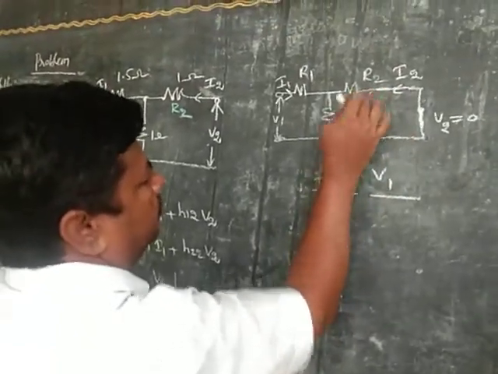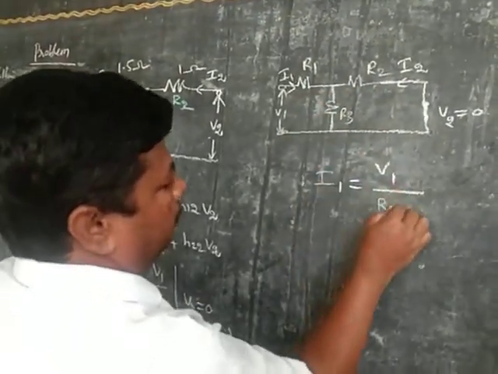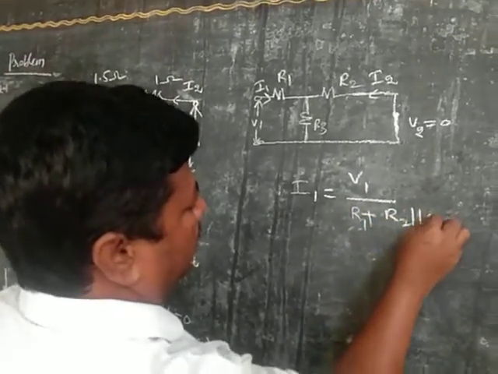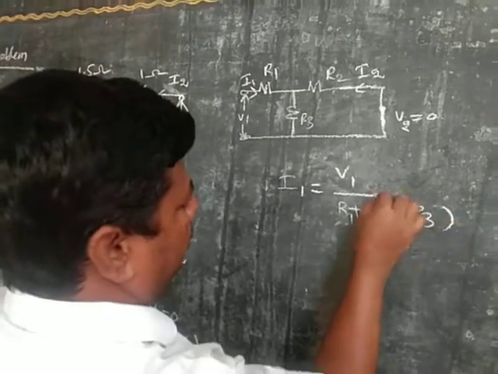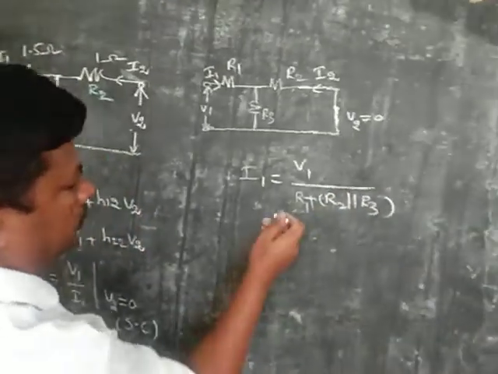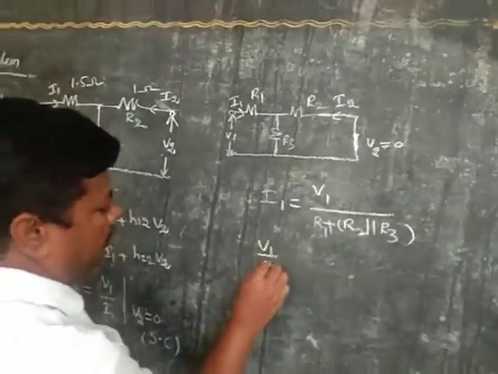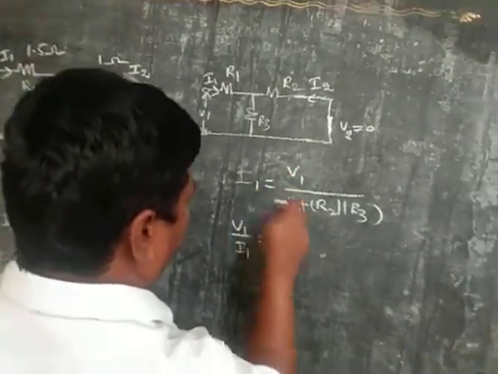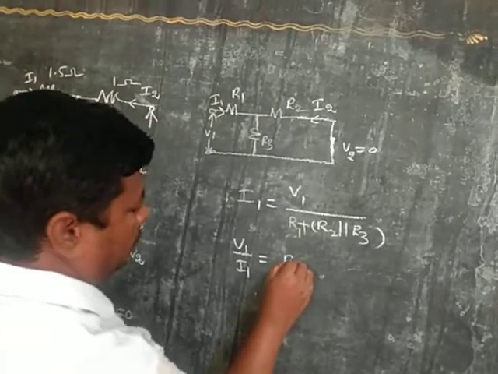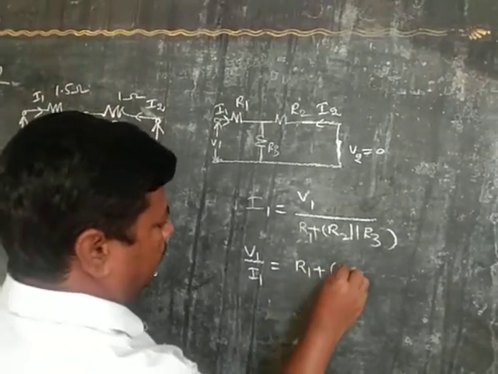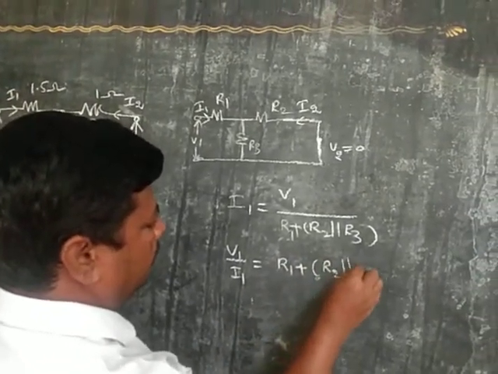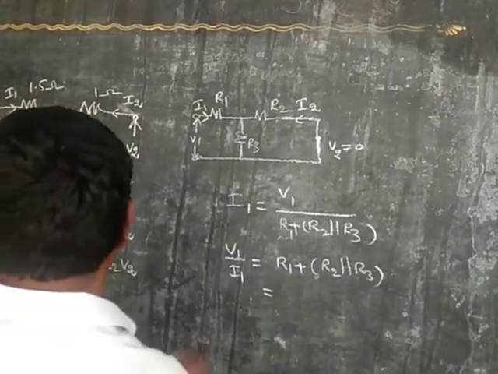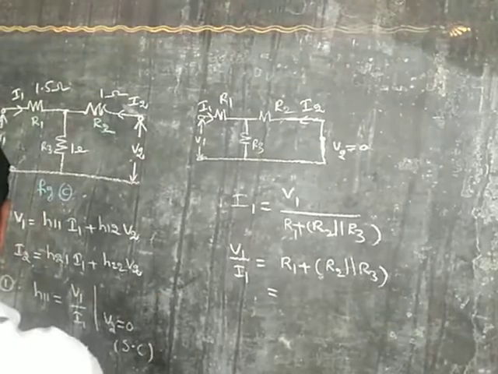It is a short circuit parallel, R1 plus R2 parallel to R3. V1 by I1 is equal to R1 plus parallel combination of R2 and R3.